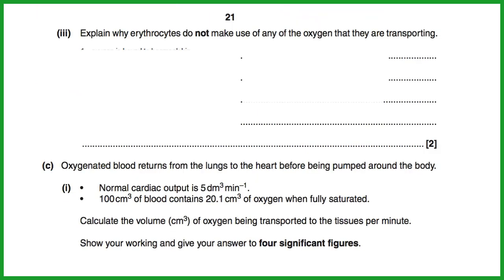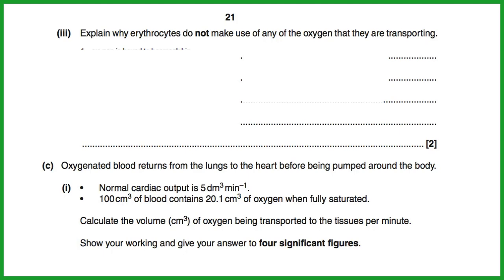So explain why erythrocytes do not make use of the oxygen that they are transporting. Well, remember the erythrocytes don't have mitochondria, they can't carry out aerobic respiration, so they won't be consuming the oxygen. Additionally, the erythrocytes are just in the blood that is flowing, so there's just mass flow of the erythrocytes, and the movement of the erythrocytes does not require any energy to be expended by the red blood cells.